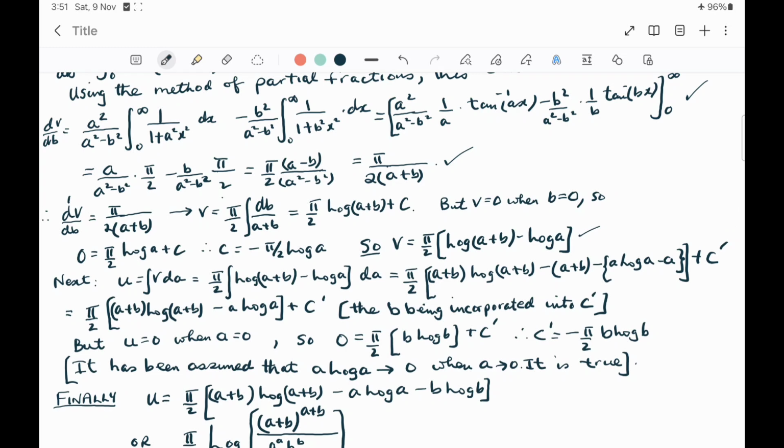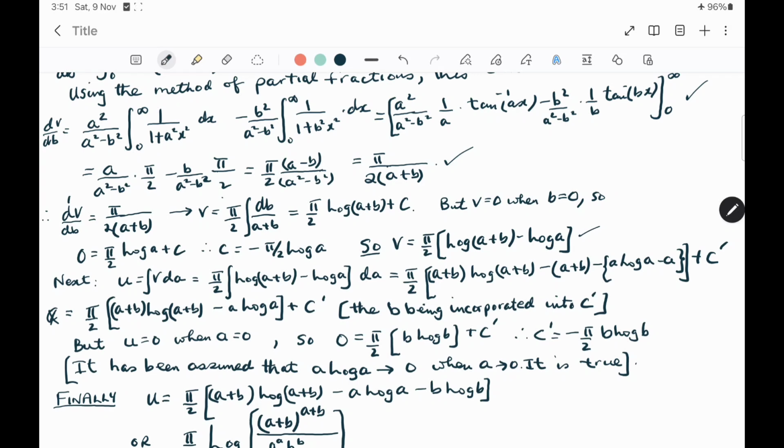And when we simplify that out, we'll get pi upon 2 times, bracket, a plus b log of a plus b, minus a log a, plus c dash.